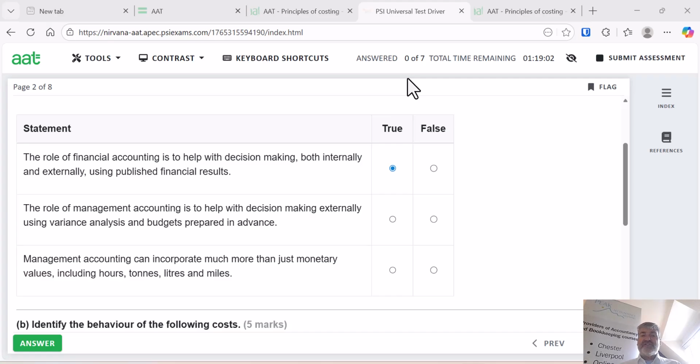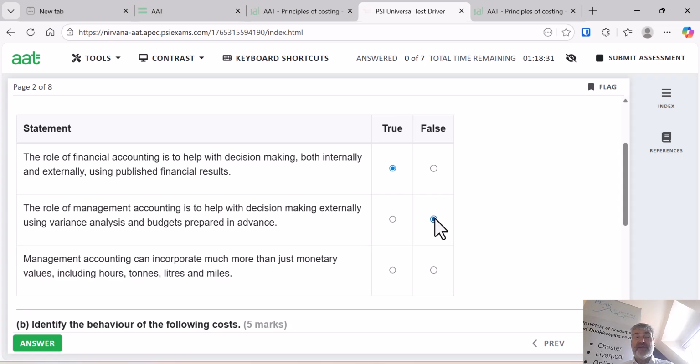So variance analysis and budgets are tools that a management accountant would use, but management accounts are very internally focused as far as decision making. So on those grounds, that particular statement is false. External decision making, well, the external users would have to put up with the published financial information.